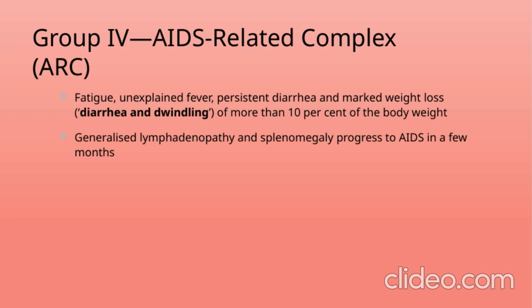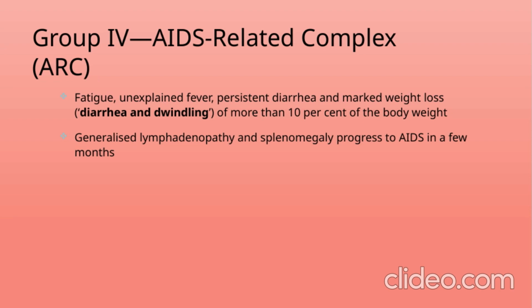As the disease advances, generalized lymphadenopathy, which is widespread swollen lymph nodes, and splenomegaly or an enlarged spleen become evident. These signs can develop quite rapidly, progressing to AIDS within just a few months if left untreated.